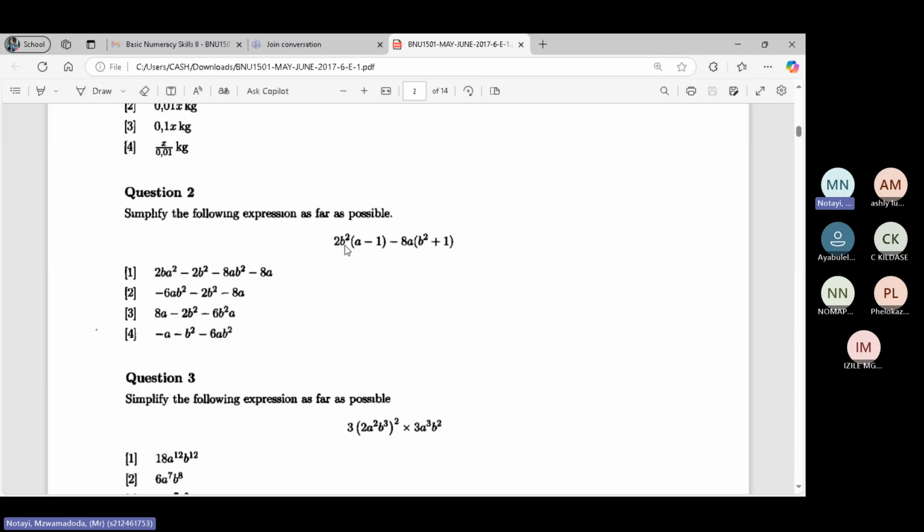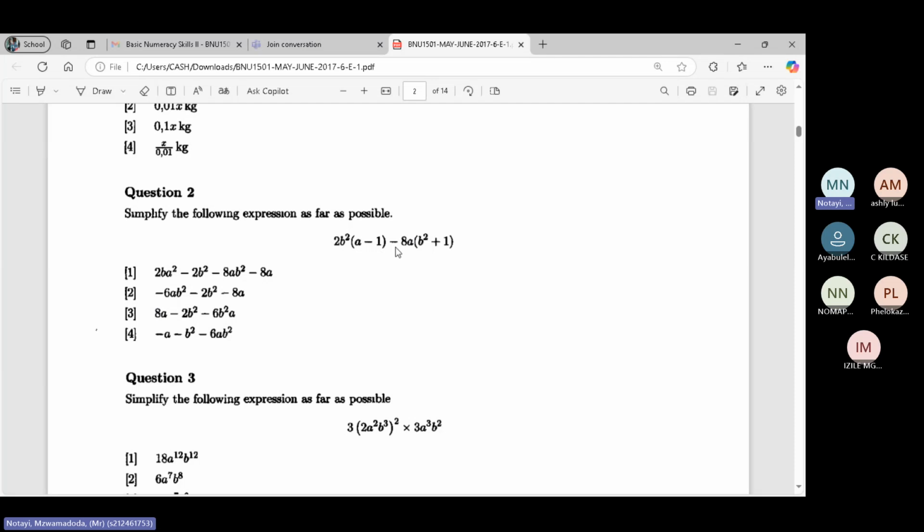When I broke those brackets, I didn't get anything that has 8a squared. The third one is out because the 8 is positive on the third one, and my 8 was negative. So we look at the second one, which has a negative 6ab squared, which is what I got when I said 2ab squared and negative 8ab squared.